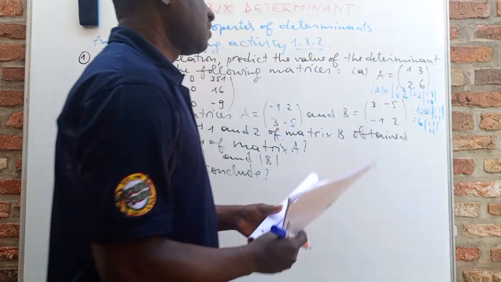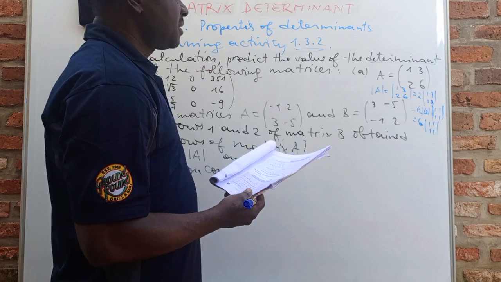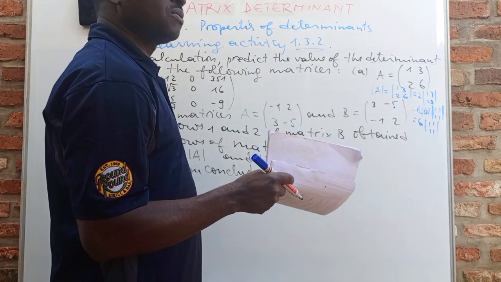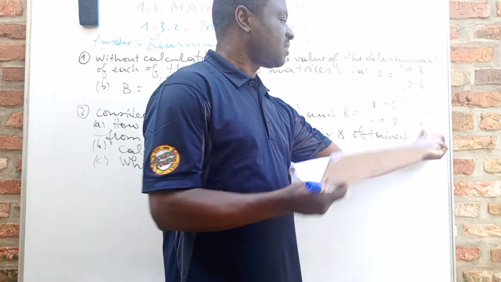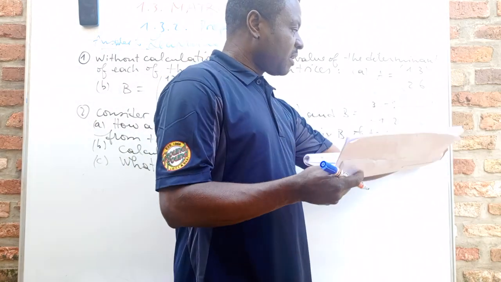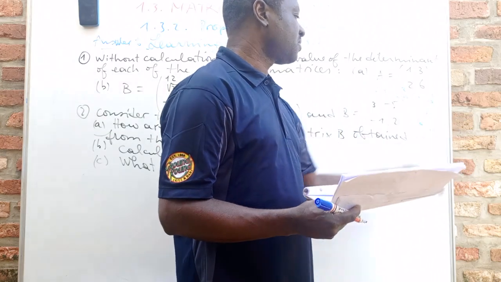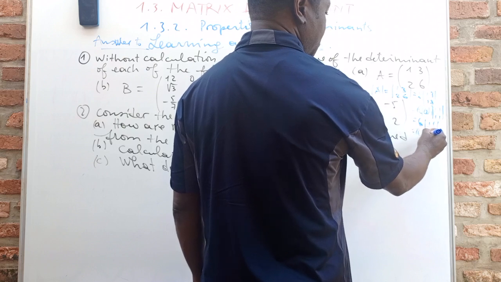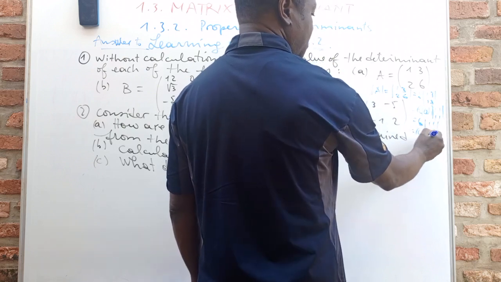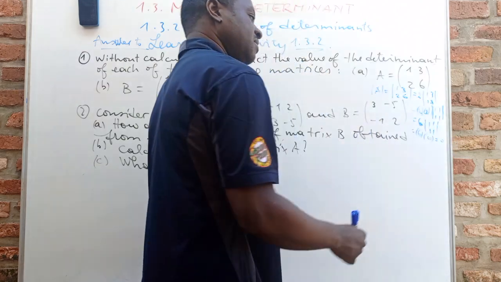Now you can use the second property, that the determinant is antisymmetric or skew symmetric, which means that when column 1 and column 2 are the same, as well as row 1 and row 2, the determinant is 0. So this determinant is 6 times 0, which is 0.